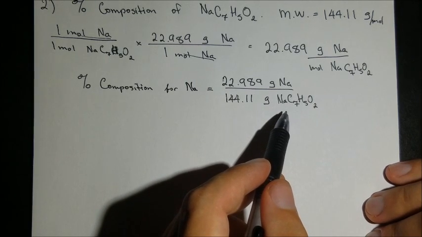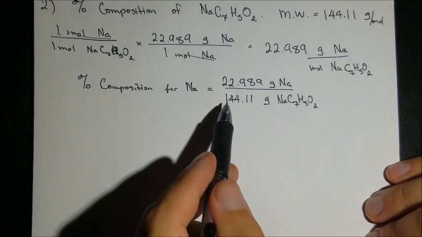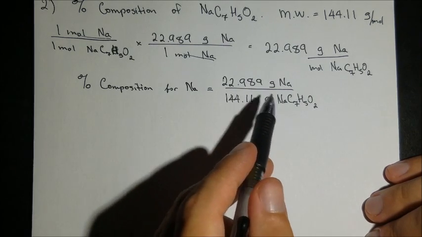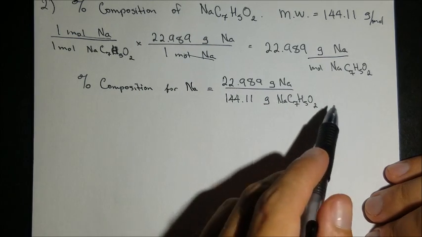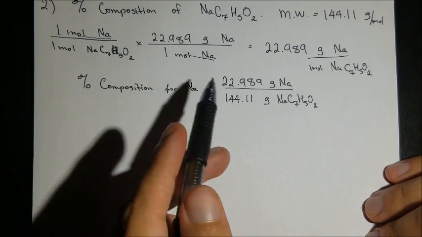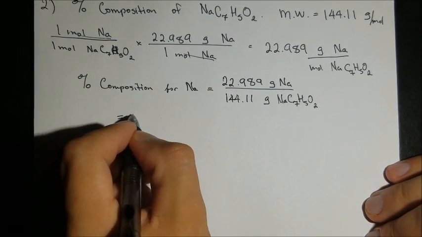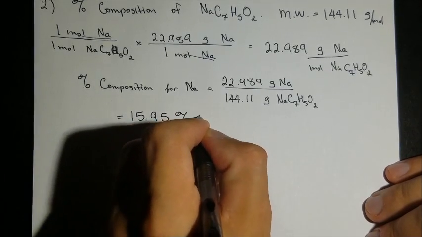So all I'm saying here is how much of this molecule is sodium. That's all I'm saying here. So I've got a mole of sodium here and a mole of the molecule. And so in a mole of the molecule I've got 1 sodium, and I'm just saying, okay, well, how much of the total mass of this molecule is sodium? And what I find, if I do this math, is that it would be 15.95% sodium.